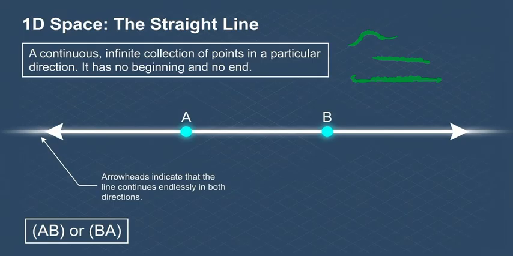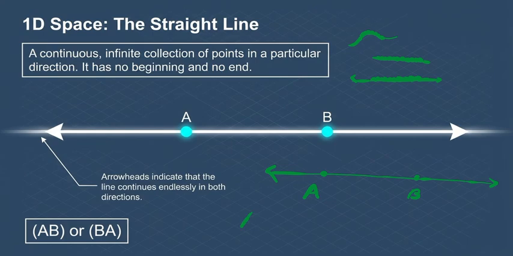Okay, one more thing for this straight line is that it has no end point and no starting point, or we can say it has no beginning and no end point. Okay, so a straight line moves infinitely. So this is point A and point B. How will we represent the straight line?